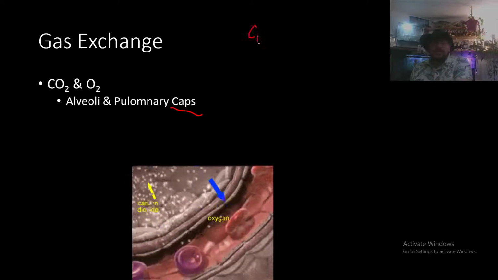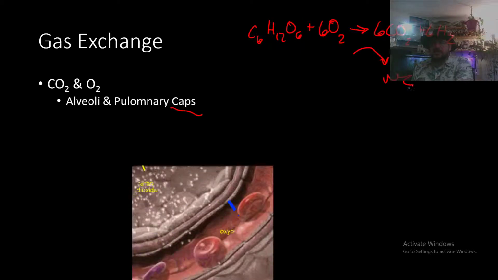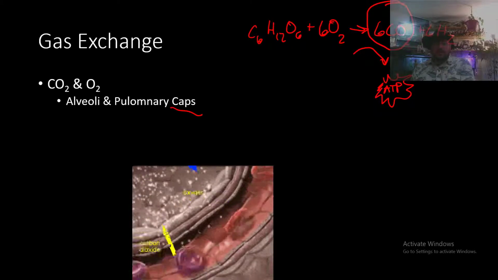Remember, C6H12O6 plus 6O2 yields 6 CO2 plus 6 H2O, and a byproduct is the ATPs that you need to be alive. Well, that 6 CO2 is sent to the blood. The body cells exchange their CO2 with the blood, and boom. So when it gets to the heart, the blood is rich in carbon dioxide.